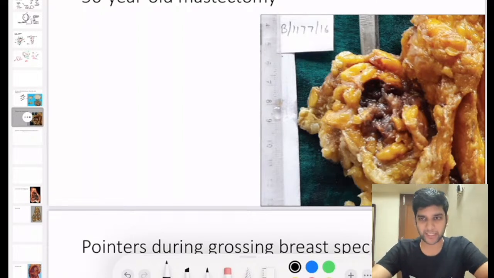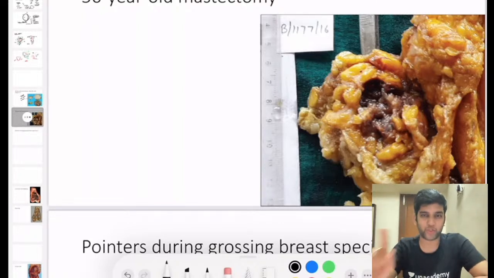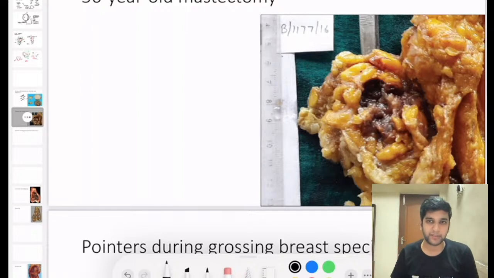Deshmukh, carcinoma is correct, but can you be a little bit more specific? It's not wrong. Carcinoma is definitely correct, Hina as well as Deshmukh. Can you be more specific? Actually, there is one classical finding. I'm not sure you are able to appreciate that. Okay.